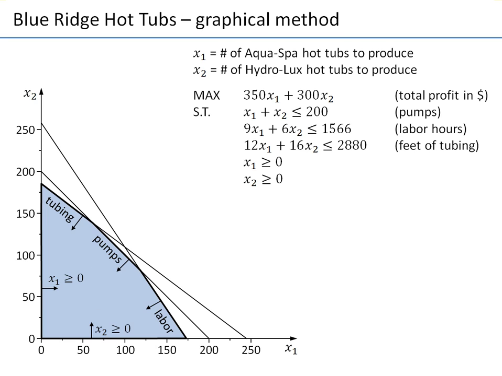The blue region, we call it the feasible region, or set of feasible solutions. There are a few other names. These are all points that we can use as solutions.